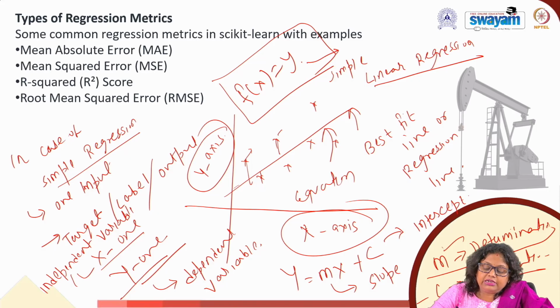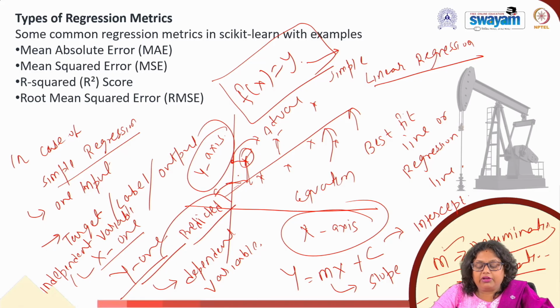If we look at this particular point, the actual y falls here, but according to this regression model, the predicted value for this corresponding x would be here. So this one is the actual one and this one is the predicted one.